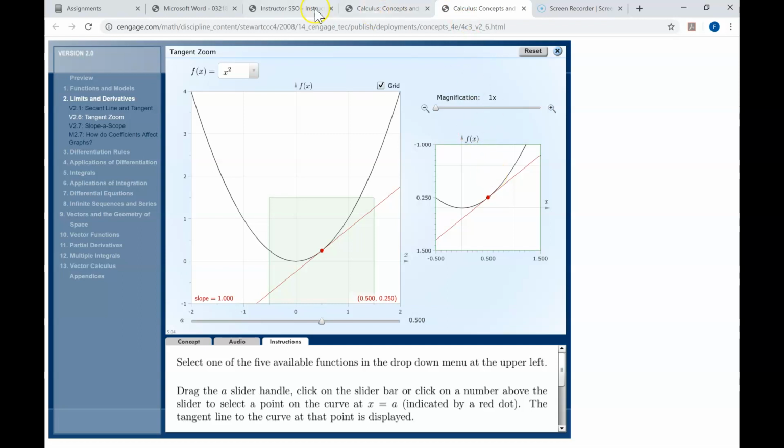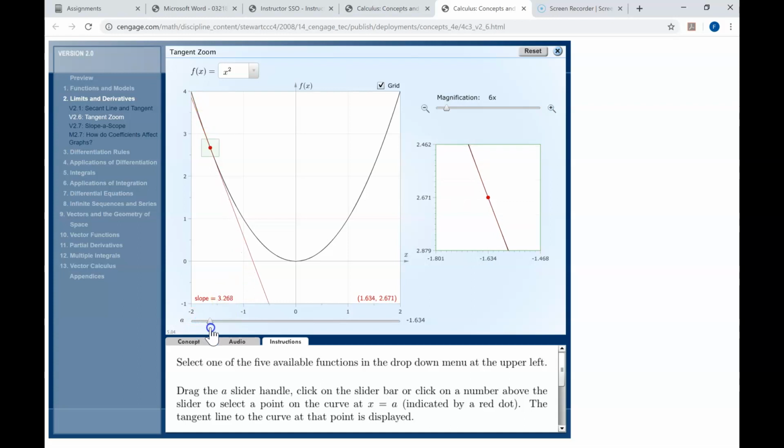Okay, so here we have the curve f of x, which is equal to x squared. All right, so here's our parabola. If we want to see it visually closer, where it says magnification down here, it increases the zoom, which is much clearer for you to see what's happening over here. Now I want you to notice what's happening here. We're going to see the value of a. So when a is -2, the slope is 4.